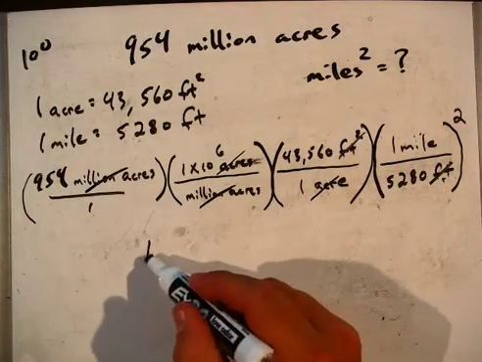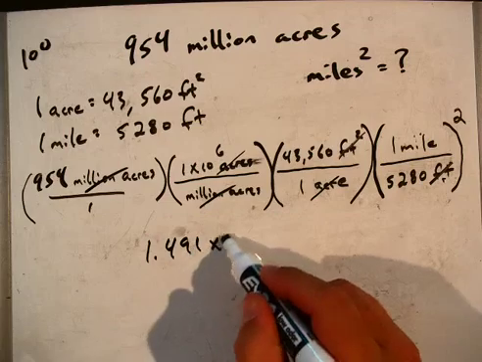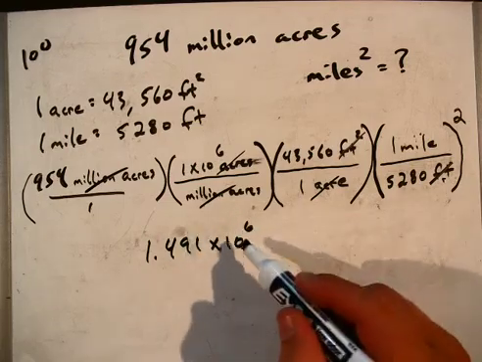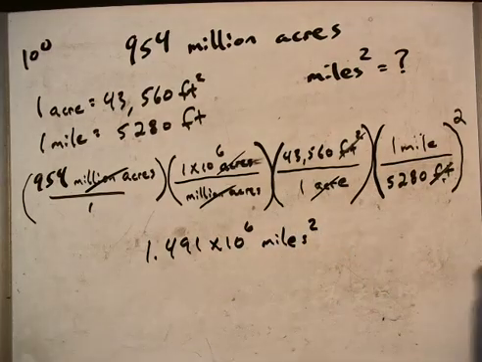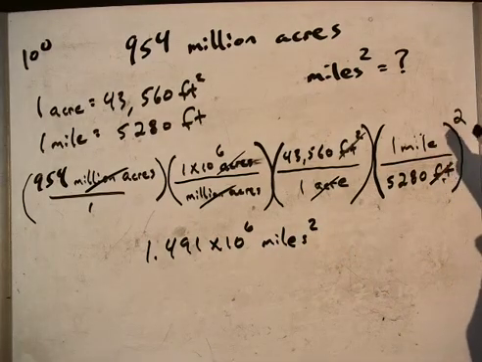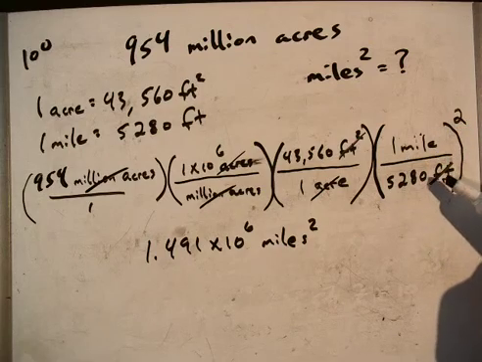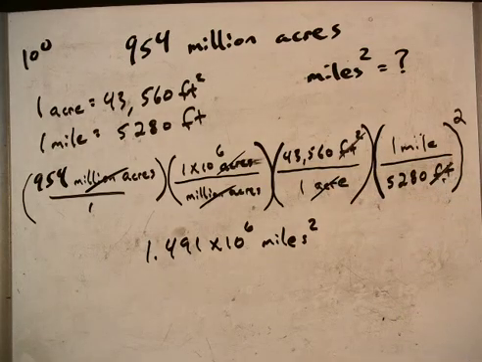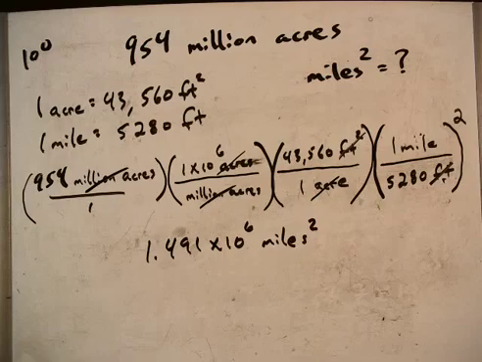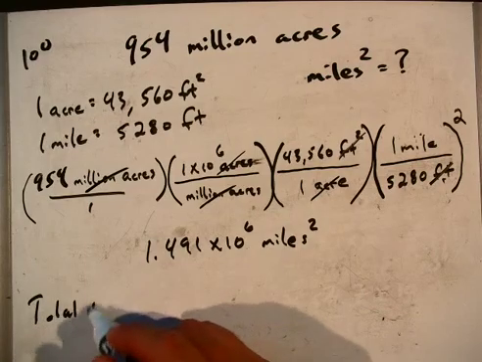And so when we solve that, we get a value of 1.491 times 10 to the 6th miles squared. So a really common mistake for students is not to square the conversion. They forget that these units have to match in order for them to cancel out. So don't forget that.